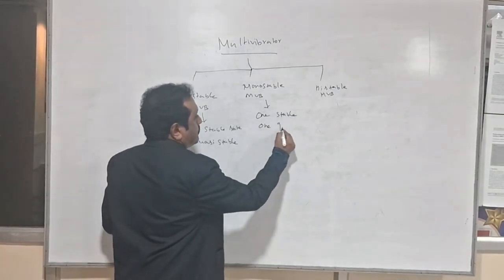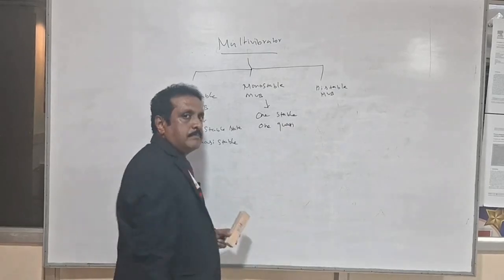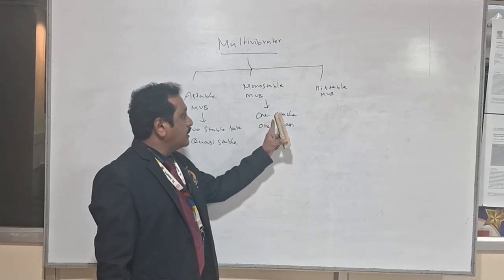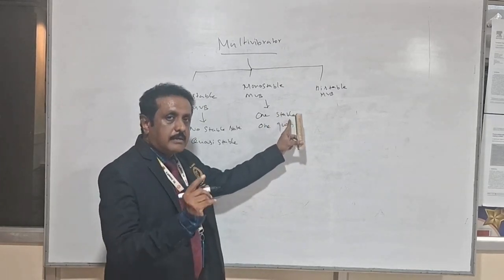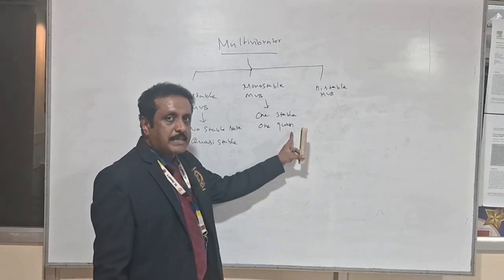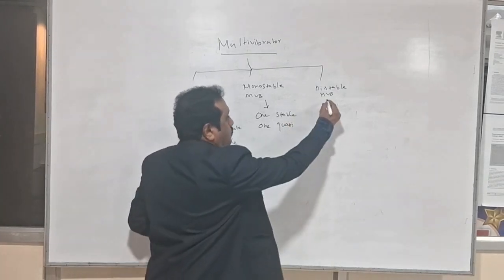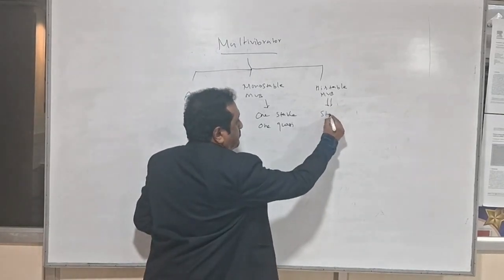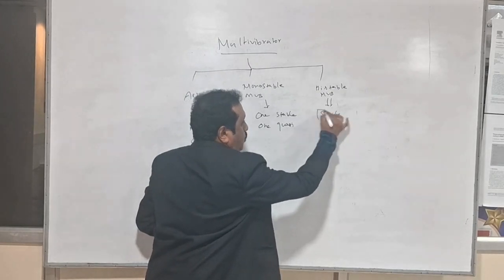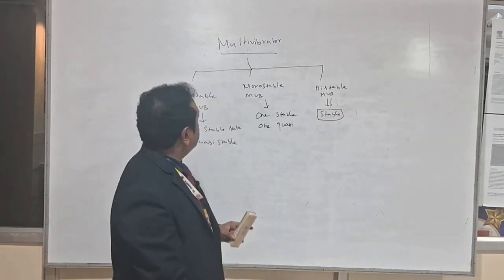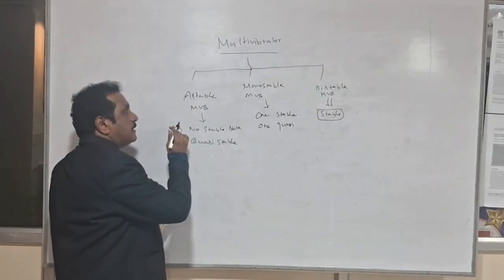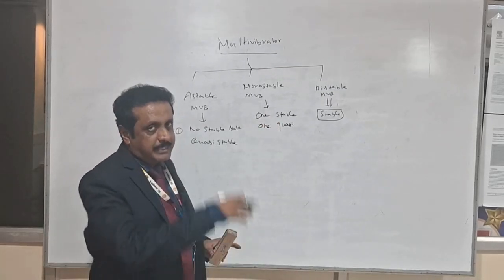There are two states in the multivibrator: one is stable, the other is quasi-stable. And the last one, bistable. Here both the states are stable. There is no quasi-stable state in the bistable multivibrator. So that is the first point of difference among these three multivibrator circuits.